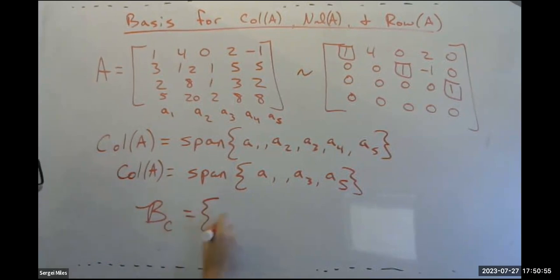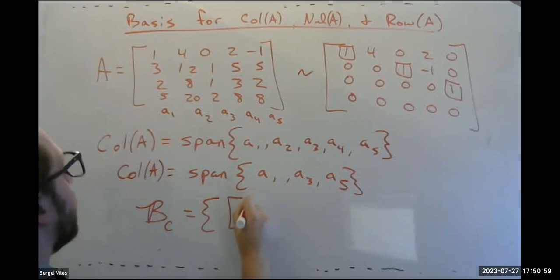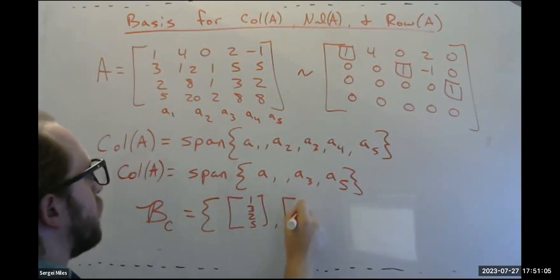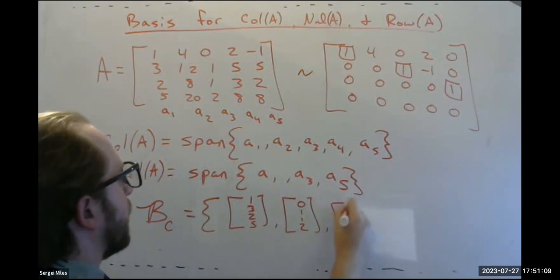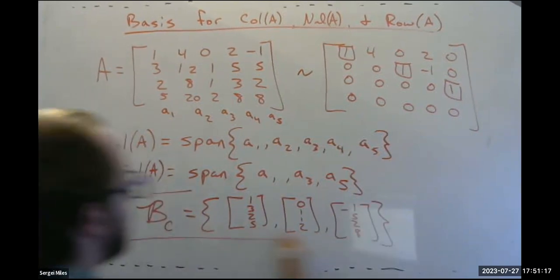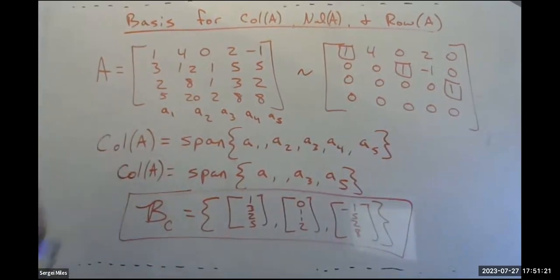And this is a set of the independent columns: 1, 3, 2, 5, 0, 1, 1, 2, and -1, 5, 2, 8. All right, and so we found our answer, at least for the column space.